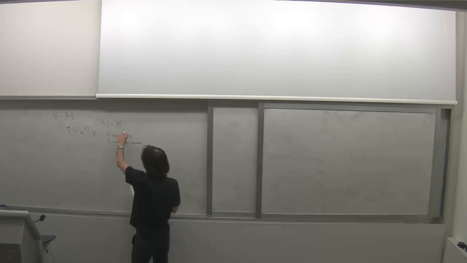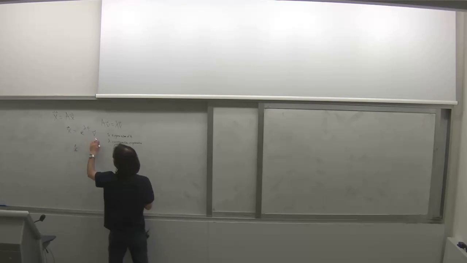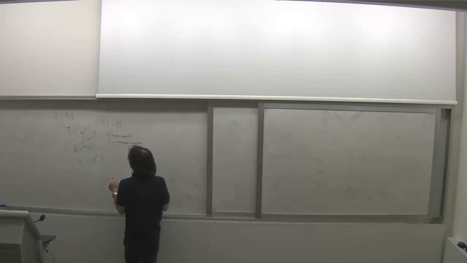Okay, I want just to show you that this is in fact a solution. I'm going to take this and substitute it for the vector x. This is just lambda times e to the power of lambda t times v. Right?